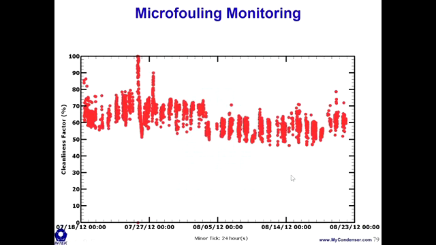Here on this graph is the cleanliness factor for a condenser. Let's take a look at the y-axis. Here's the cleanliness factor that's calculated using the bulk techniques that we talked about yesterday: the inlet temperature, the bulk outlet temperature, pressure, and I believe flow rate was used to calculate this cleanliness factor.